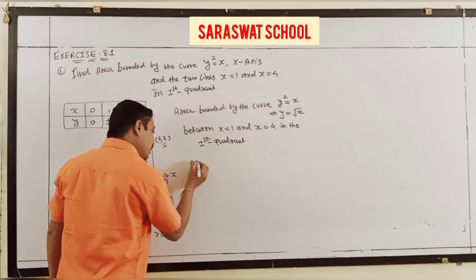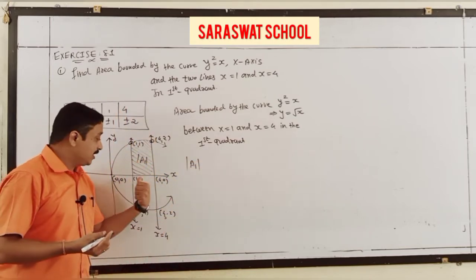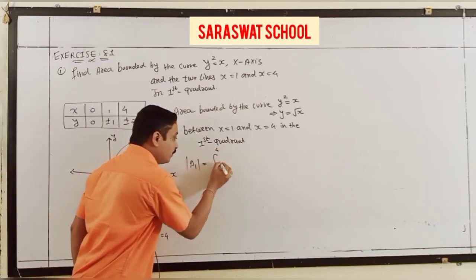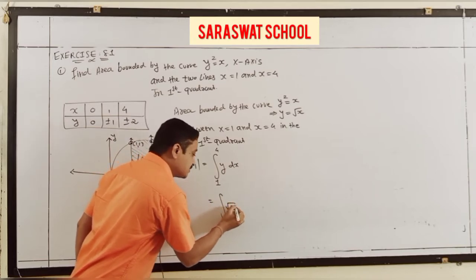So only you can define this area between 1 to 4. So my boundary is clear, integral from 1 to 4 of y dx, y is known, root x.